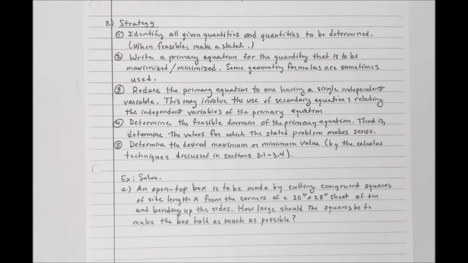Then write a primary equation for the quantity that's to be maximized or to be minimized. Some geometry formulas are used, and of course those are in the book or in the inside covers of the textbook, or you can just Google that if you need to. Reduce the primary equation to having one with a single independent variable. Now, in my first 2 examples, it was pretty simple.